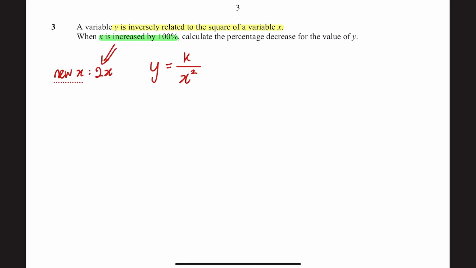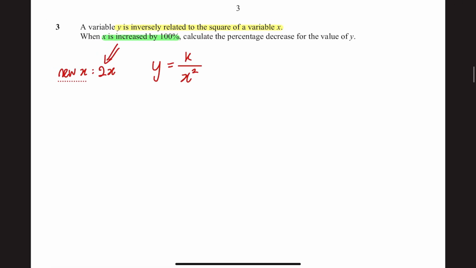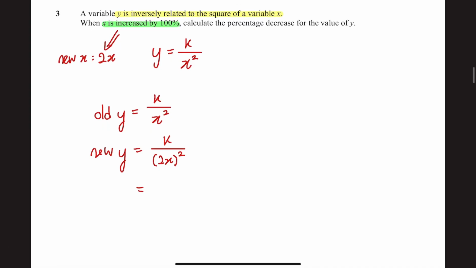So over here, I know that we can write the original y is equal to k over x squared. New y, with the x increase, will become k over 2x, the whole thing squared, which is equal to k over 4x squared.